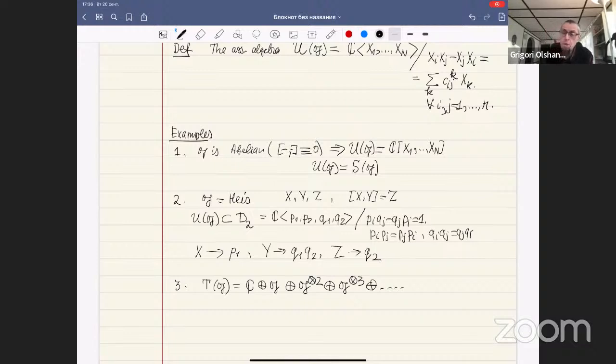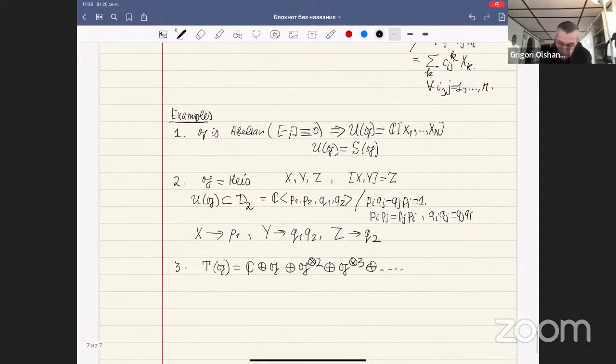If we take a basis in G, what we get is a free associative algebra. And now the definition is as follows. We set that U of G is by definition as follows.